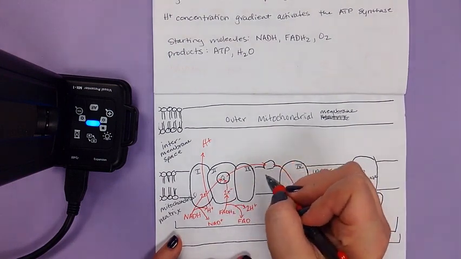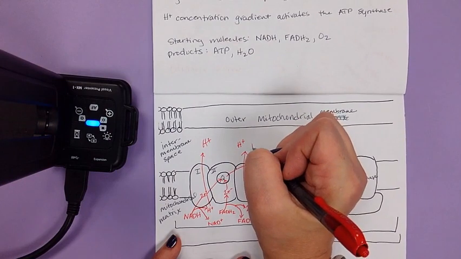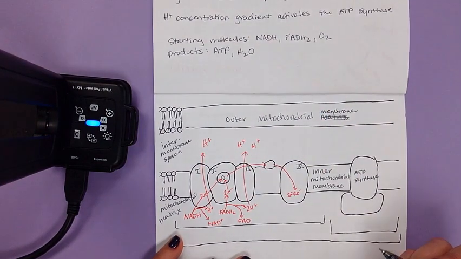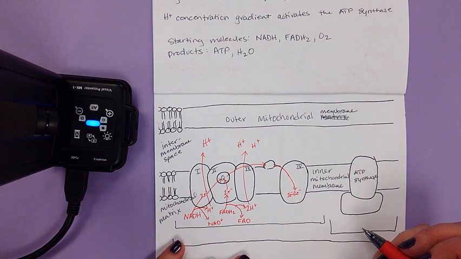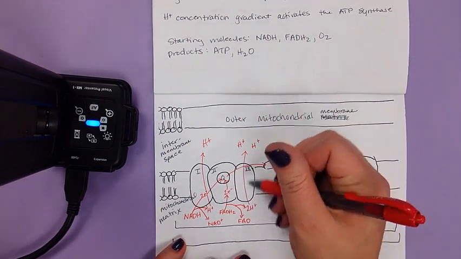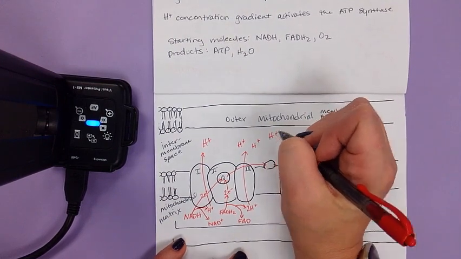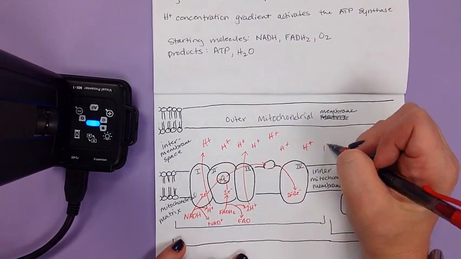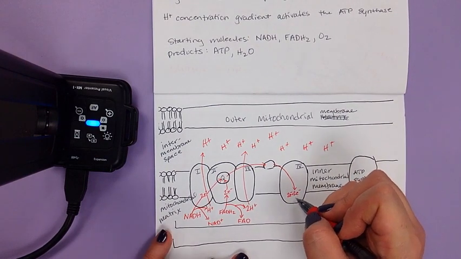So now we have 4 electrons. As those electrons move through, complex 3 is going to spit 2 hydrogen ions into the intermembrane space. So now, protein 4, now we have a buildup of hydrogen ions as that process is repeated for every FADH2 and every NADH we created.